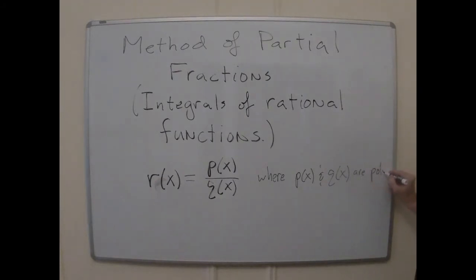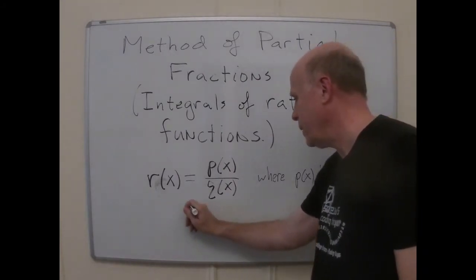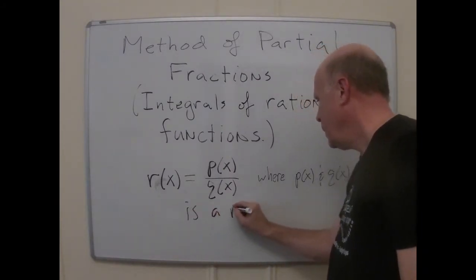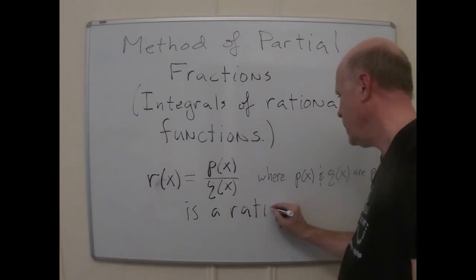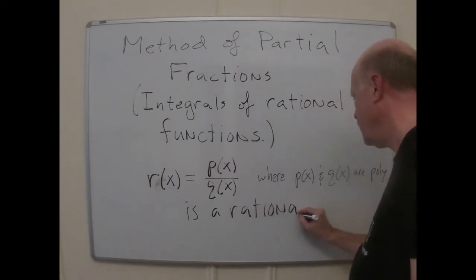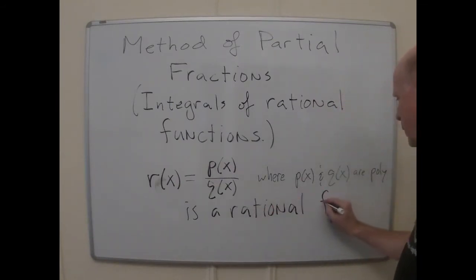I'm going to have to abbreviate that word, but you know what that is. So r of x equals that, our polynomials, is a rational function. Finally, ending the sentence. All right, so what does it look like to integrate a rational function?